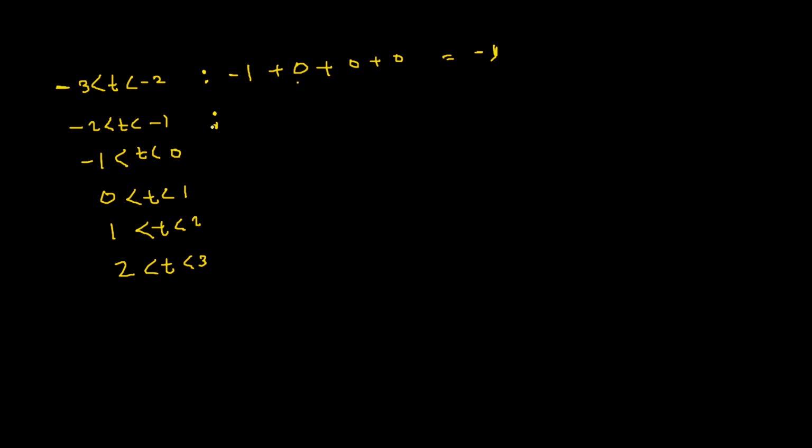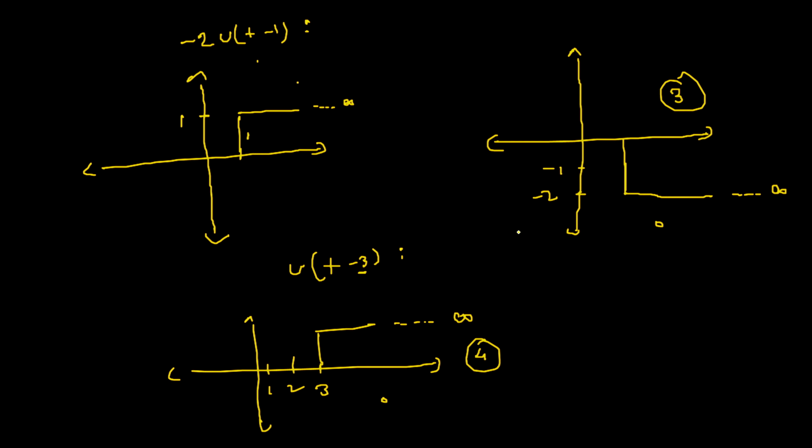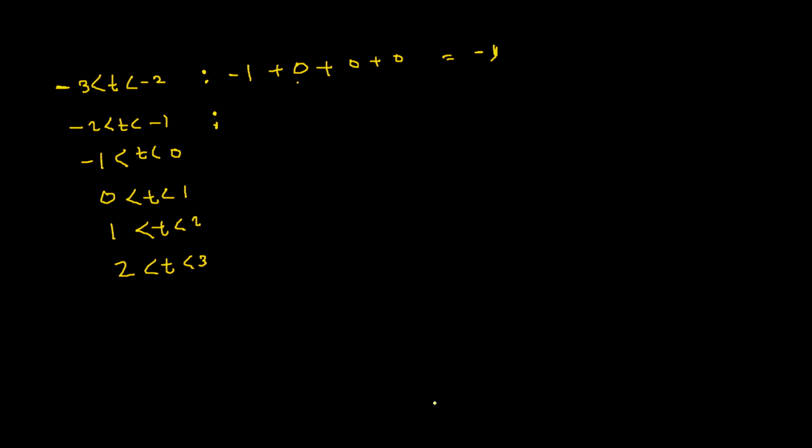So next, let me check for the next region, which is minus 2 and minus 1. Between minus 2 and minus 1, the value of this is again minus 1. The value of this is again 0 because it's starting from minus 1. The value of this is 0, and this is 0. So it's again the same thing, minus 1.